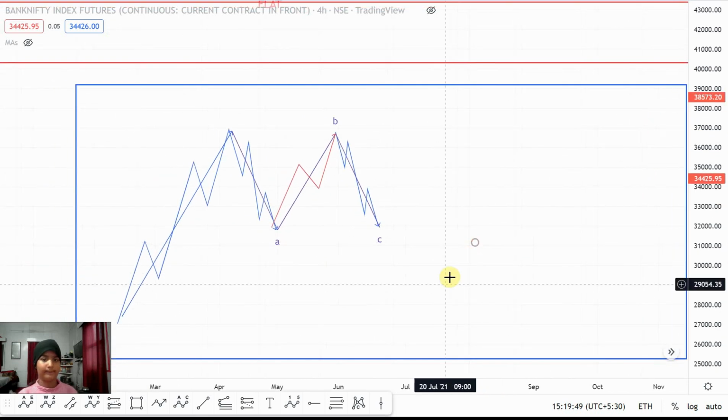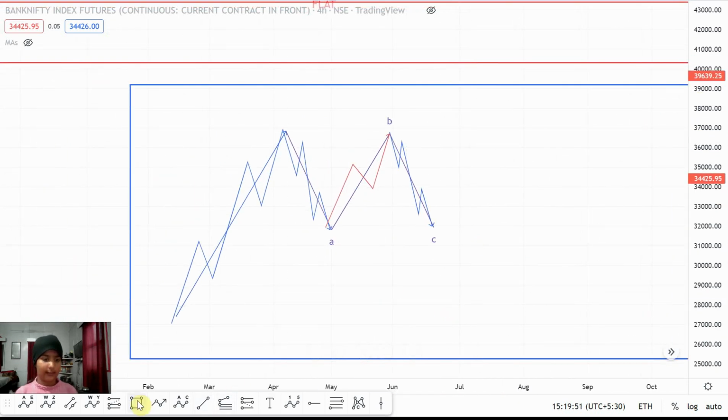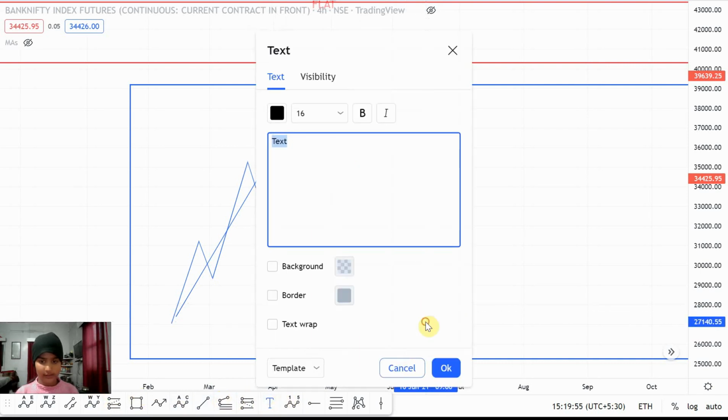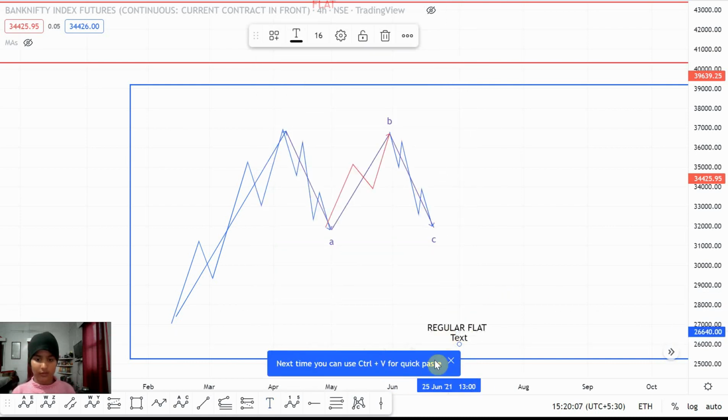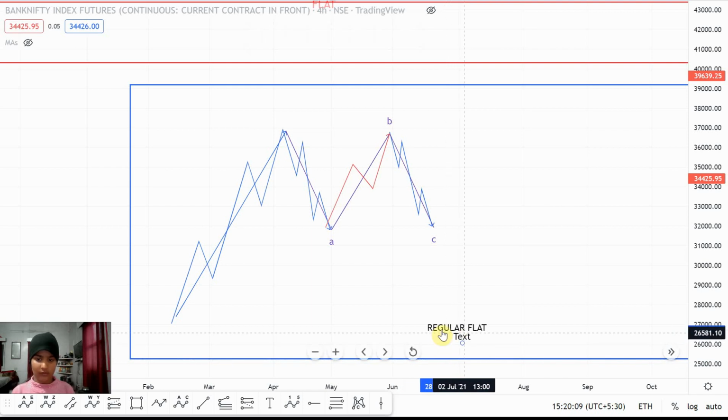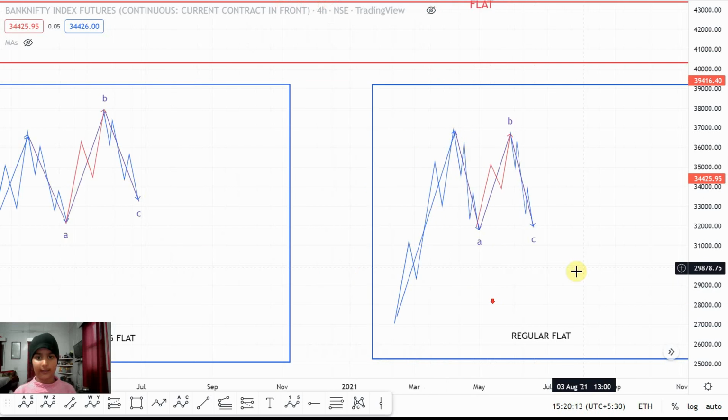Now this is our regular flat. Let's type it with the text: Regular flat.